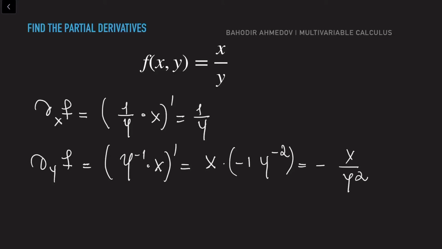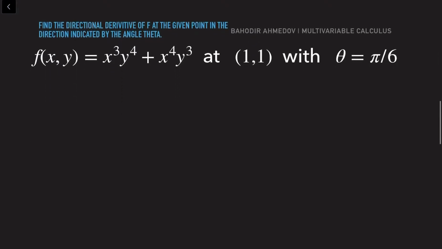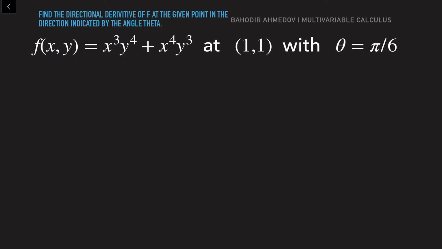So we are going to use the partial derivatives in order to find, for example, the directional derivatives. So in this problem, we need to find the directional derivative of this given function at this point in the angle pi over 6.